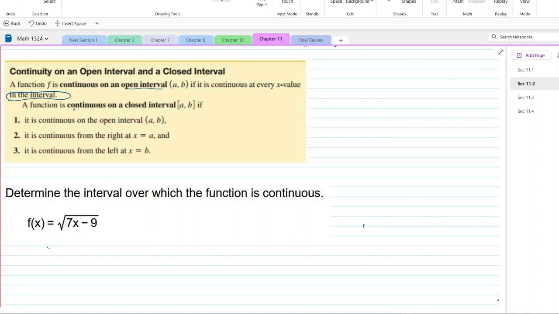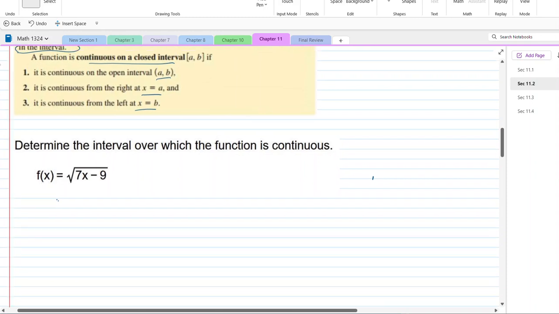A function is continuous on a closed interval a, b, if it is continuous on the open interval, that means in between the endpoints, it is continuous from the right at x equals a, and it's continuous from the left at x equals b. So that means there have to be positions around it, so it cannot be the endpoints.